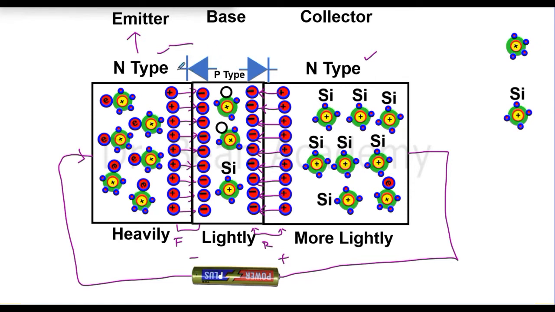Although the positive terminal is connected with the n-type, this n-type is connected with the p-type. So we can assume this p-type is connected with positive, and the other side, n-type, is connected with negative terminal. In this situation it is in forward biasing.